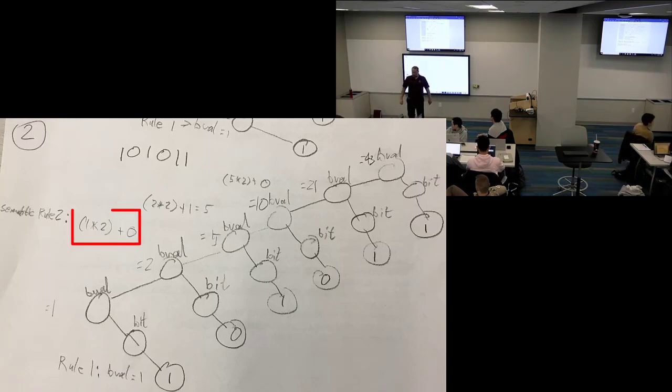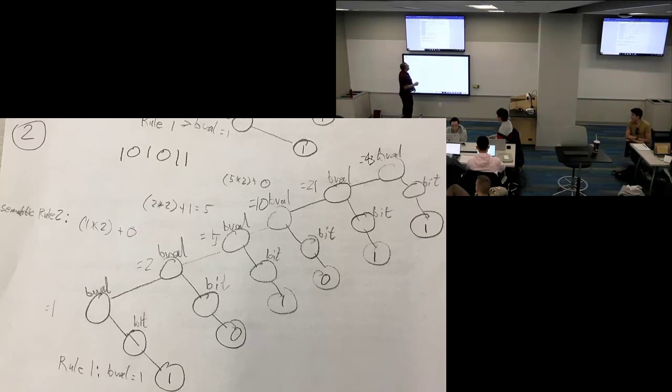All I'm looking for is actually the calculations here at the end. So, b-val of 1 equals b-val of 2, which was 1, times 2 plus 0.